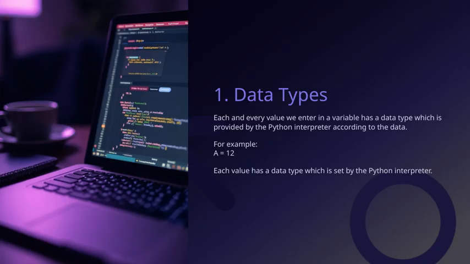It has a defined type that Python keeps track of behind the scenes. Understanding data types is fundamental because they influence how Python handles and manipulates the data. So, as we go through this presentation, keep in mind that Python's ability to identify and work with different data types is a core part of its flexibility and power.